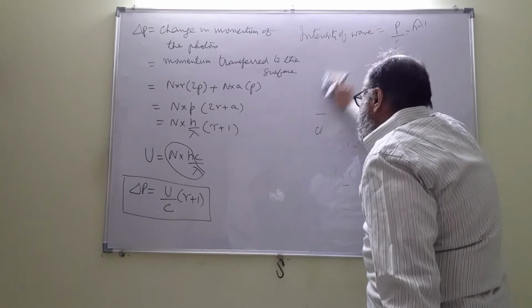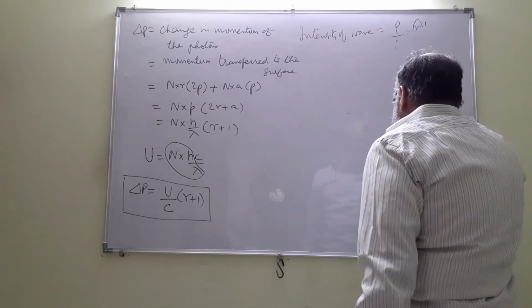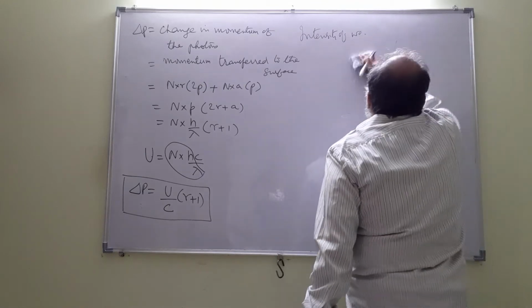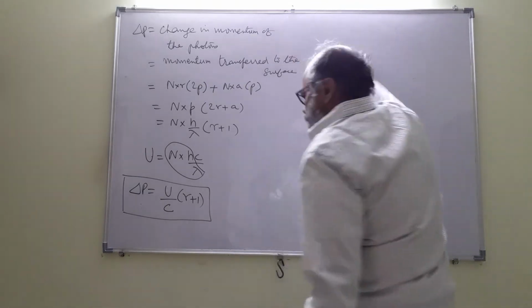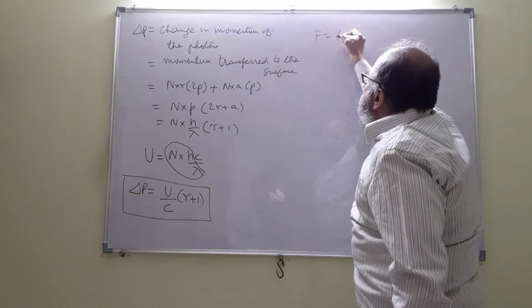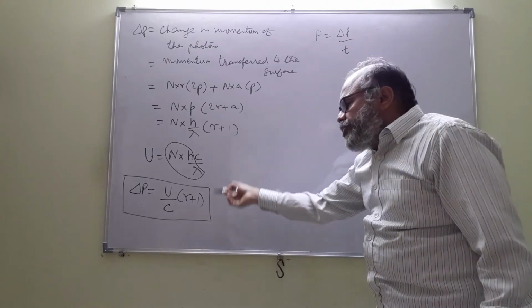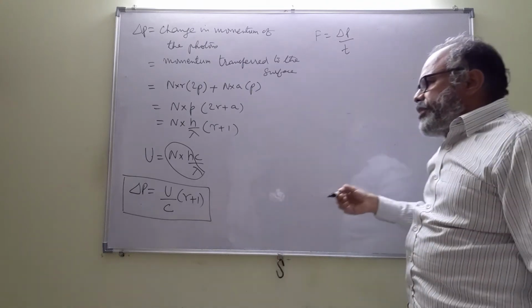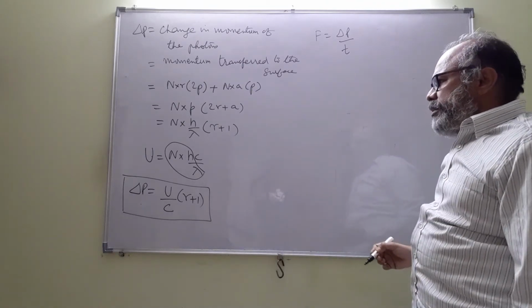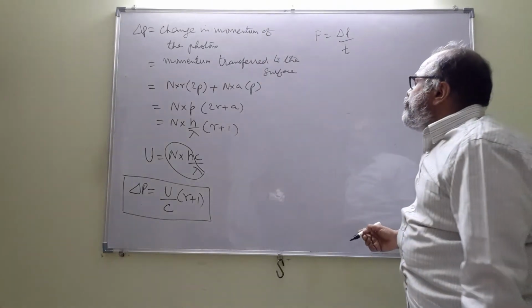What about the force now? The force will be given by the rate of change of momentum. So the force F is delta P by the time t in which this momentum change is taking place. We are assuming all the photons strike the surface.